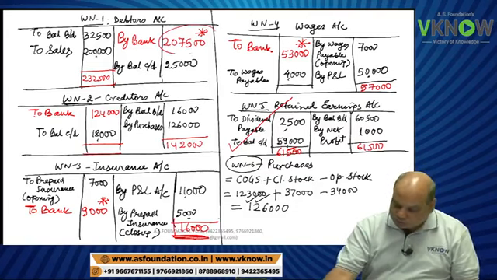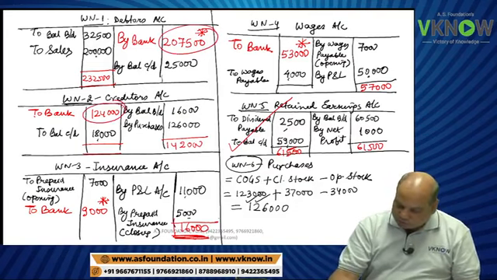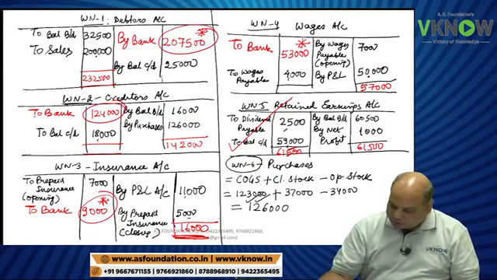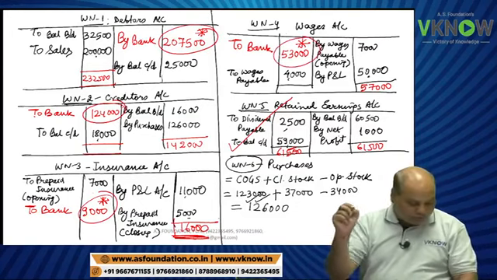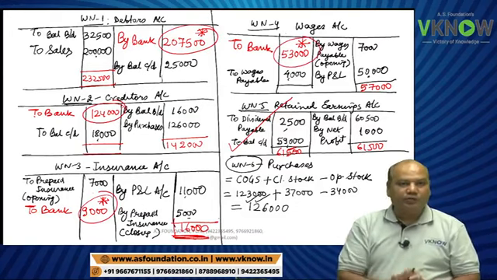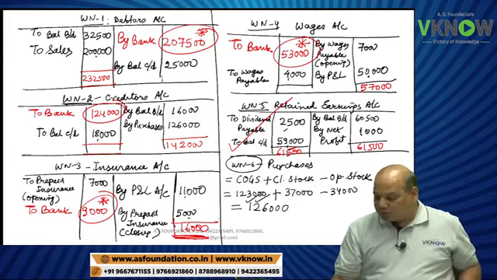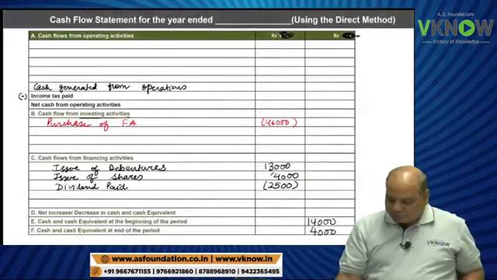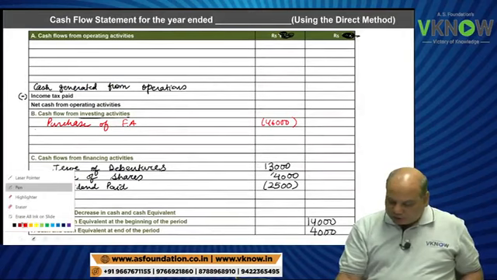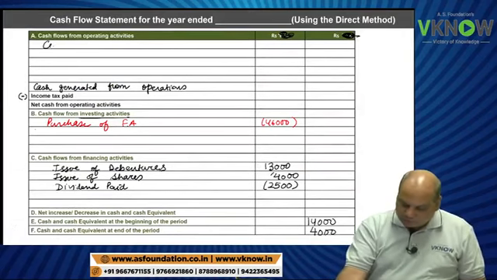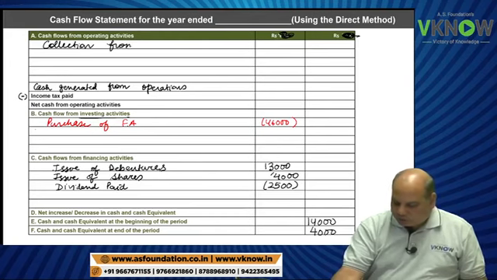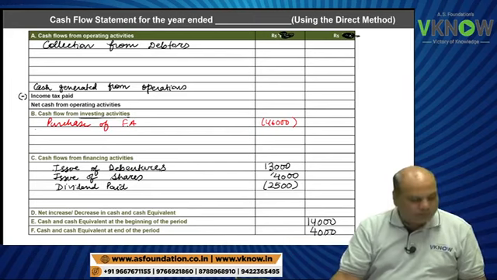What we should do now, all these receipts and payments we should transfer to operating activities. So on the screen at the top, operating activities, you will write the working note number yourself.